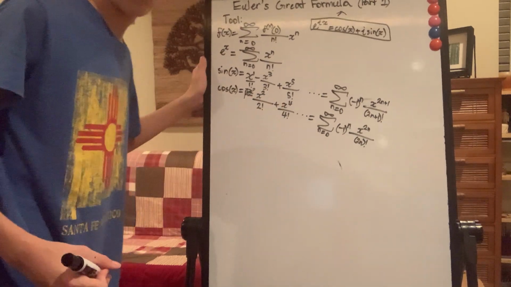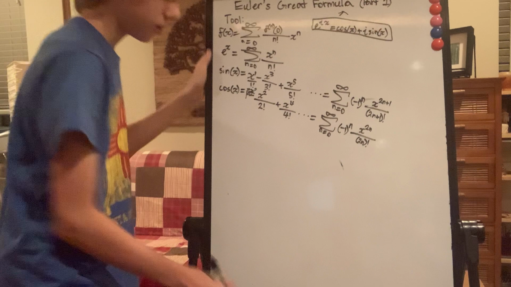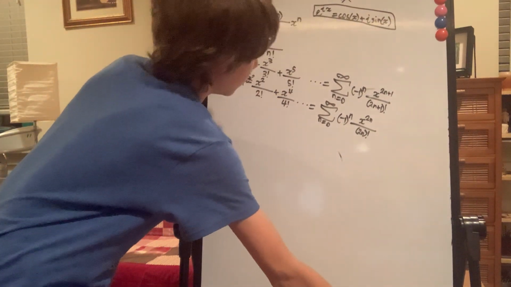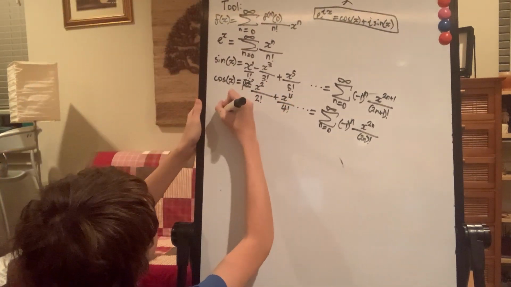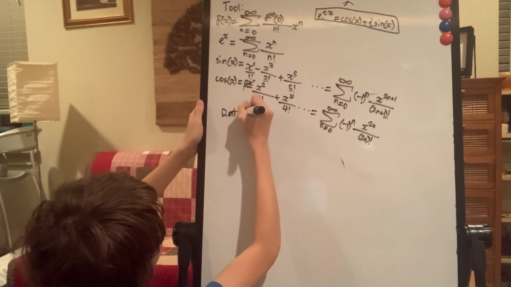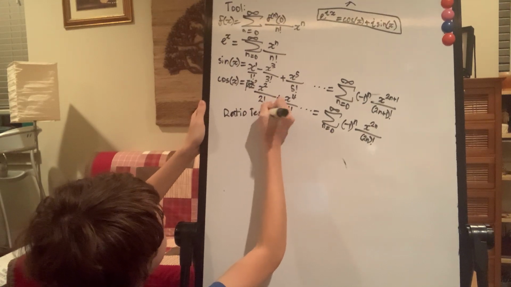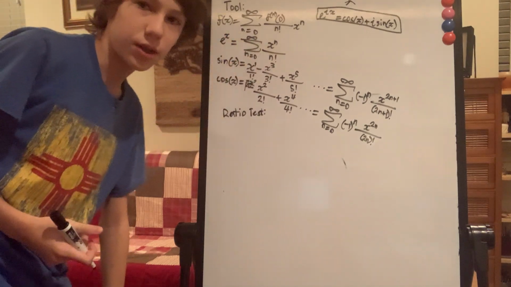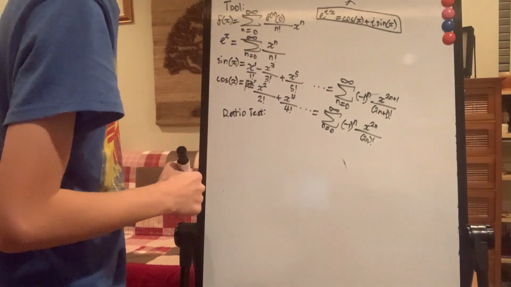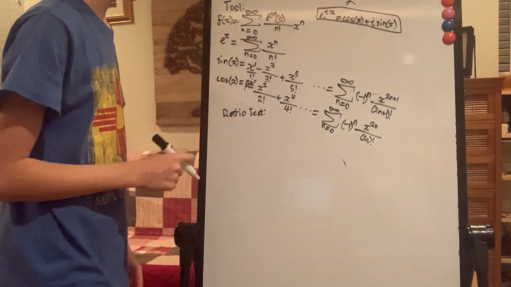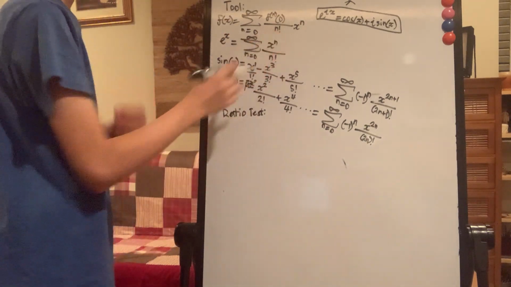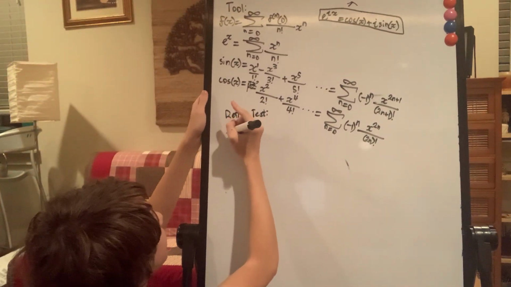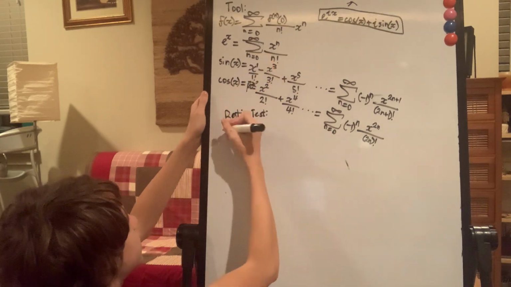You could use the root test, by the way, but I'm going to use the ratio test to see when this converges. This is a power series, by the way.